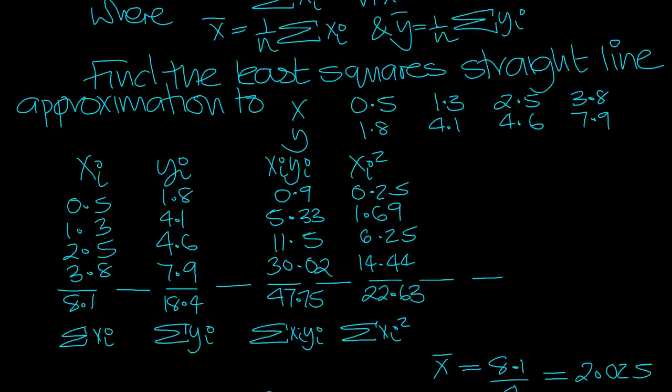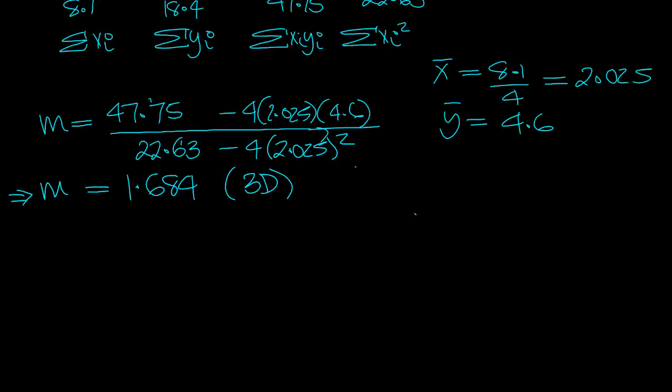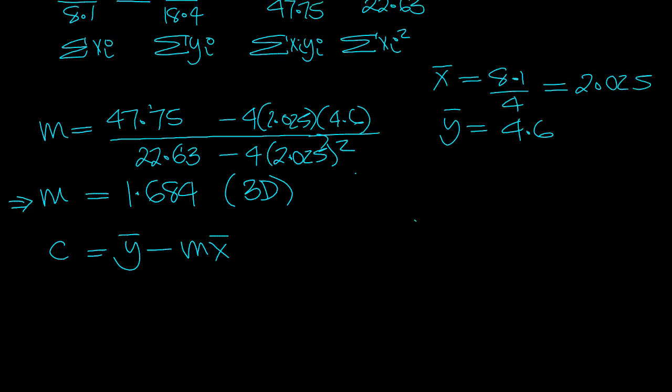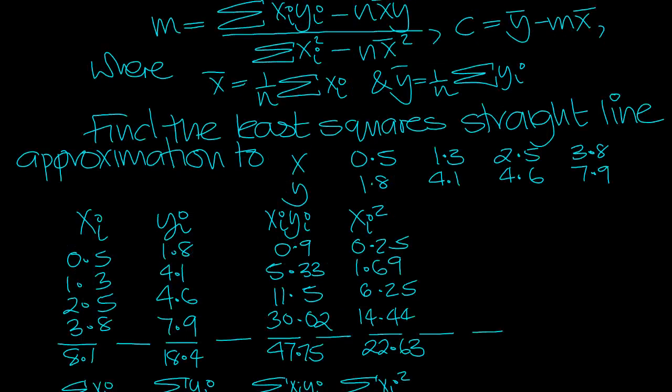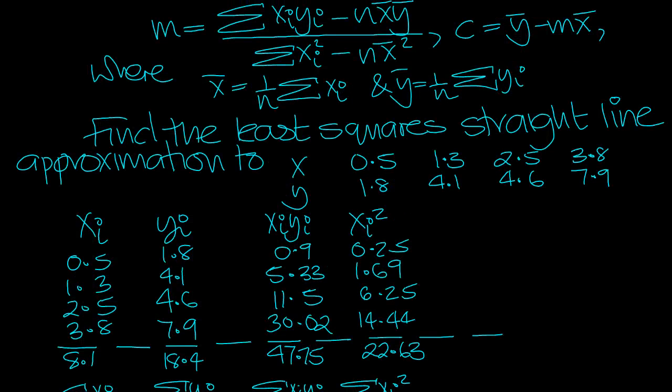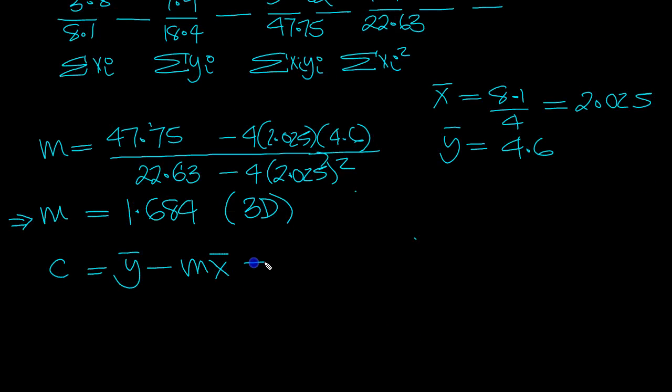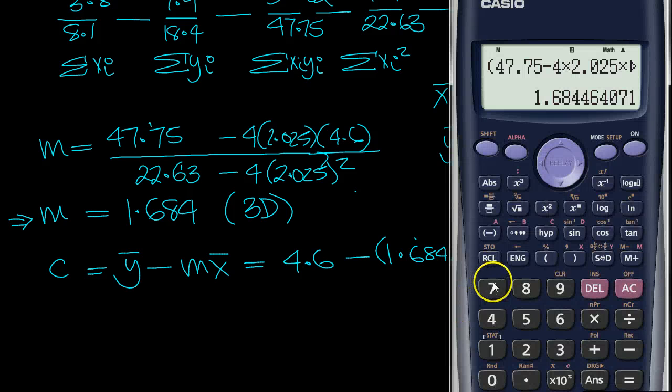So let's go and get c. c is equal to y bar minus m x bar, from the formula. Just to show you again, here it is here. So we've got y bar 4.6 minus 1.684 times x bar, which was 2.025, which equals, so that's in the answer, isn't it?